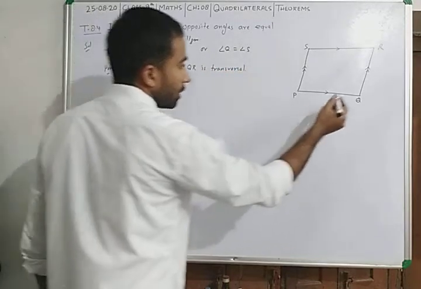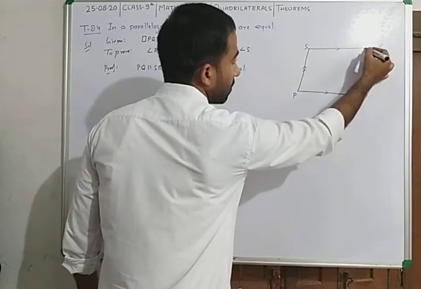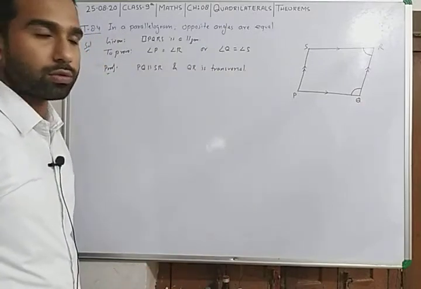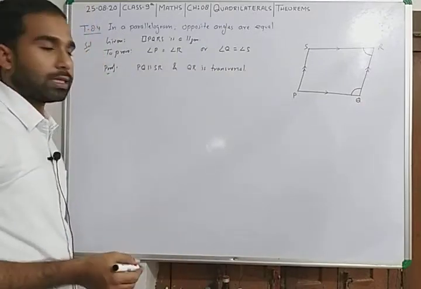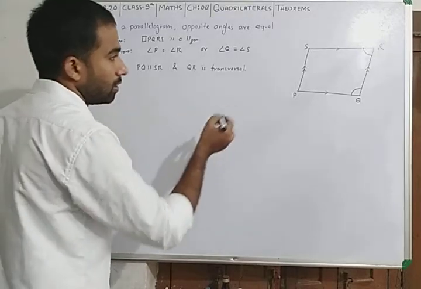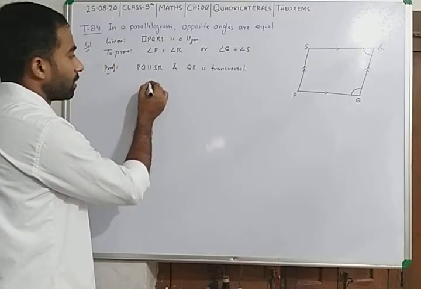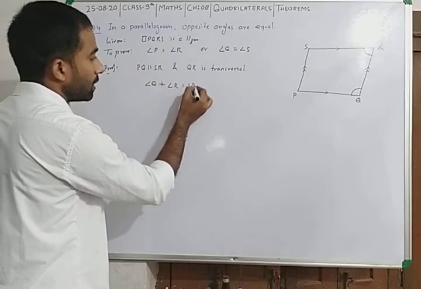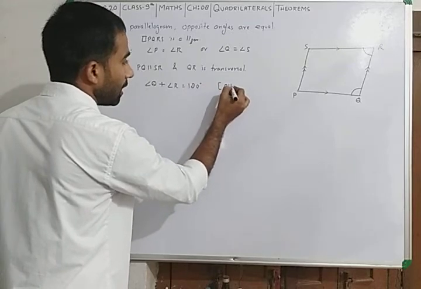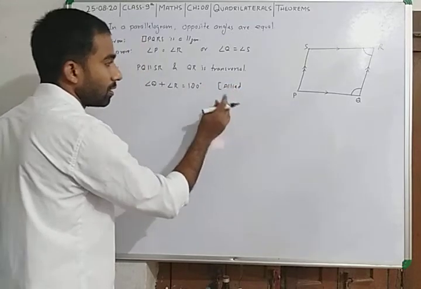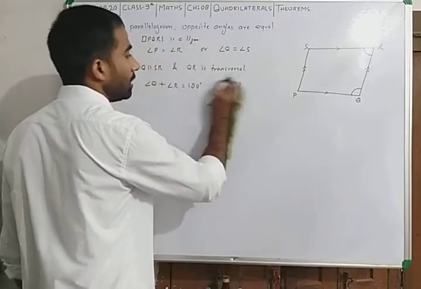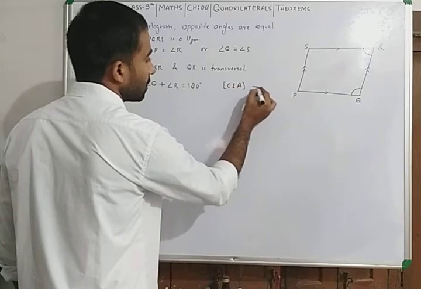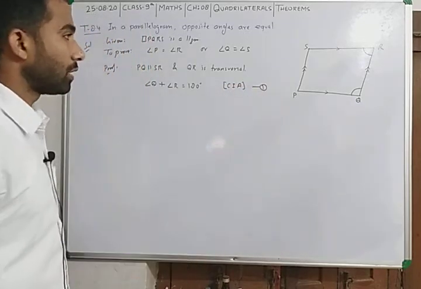Then the sum of both angles will be equal to 180 degrees by co-interior angle, or allied angle. So we can write here angle Q plus angle R is equal to 180 degrees by allied or co-interior angle, say equation 1.